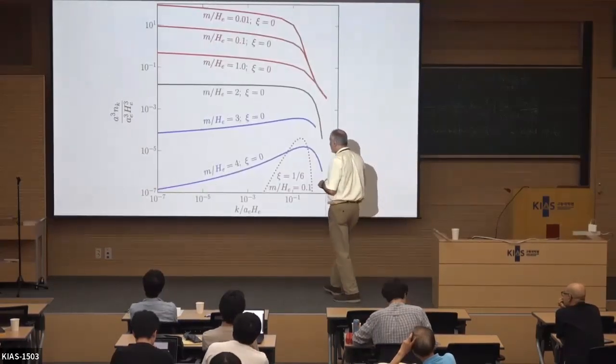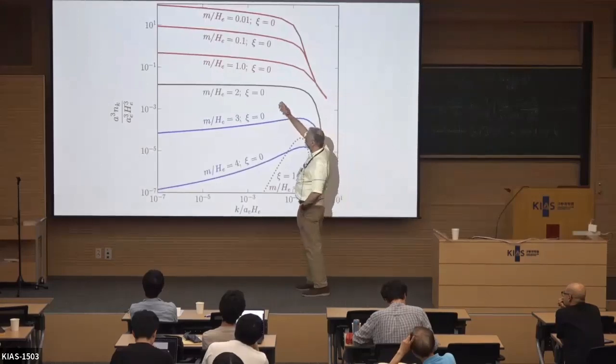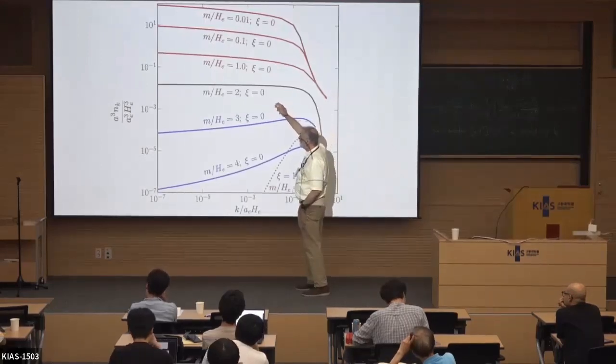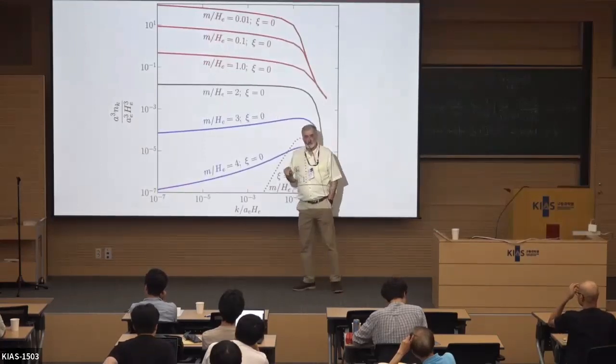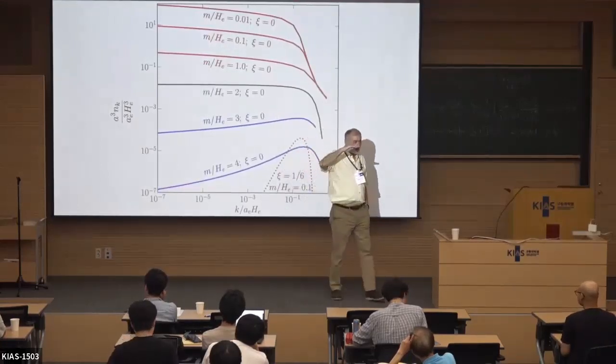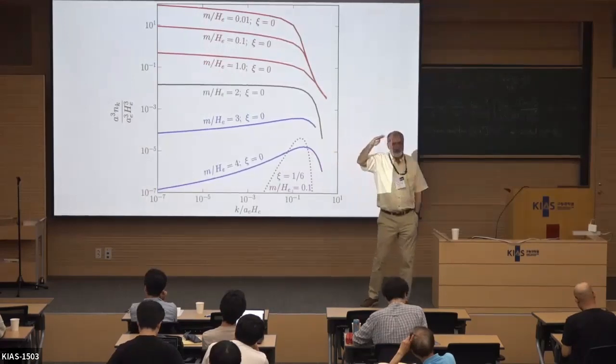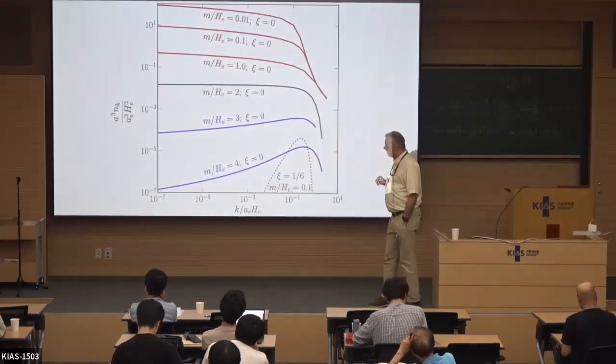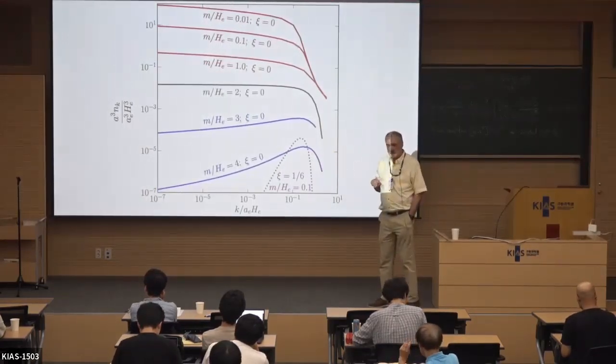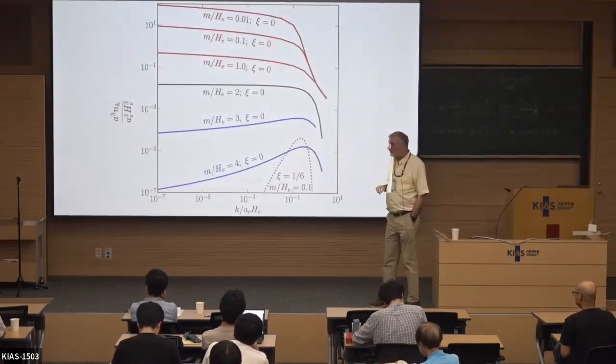In particular, for small mass, for m over H_E smaller than 2, the spectrum is red. It has a logarithmic divergence in the infrared, and it's much larger.